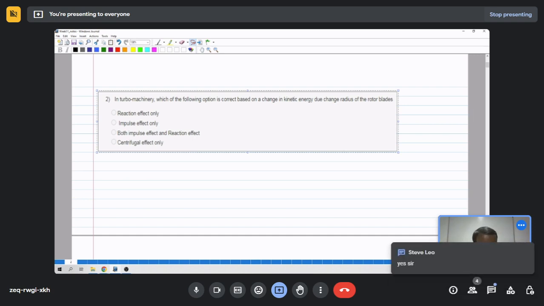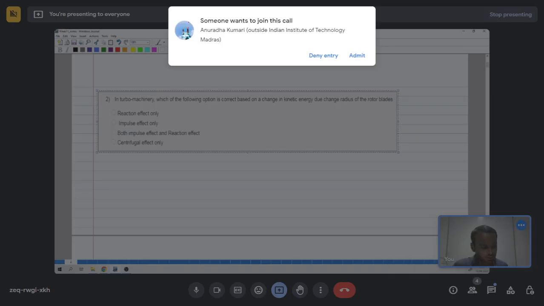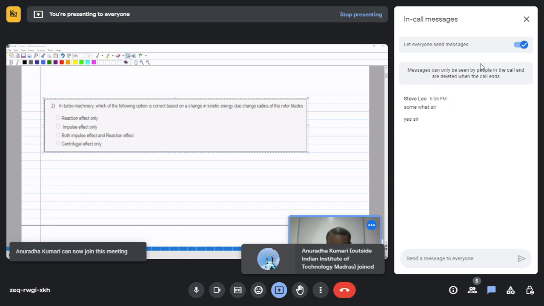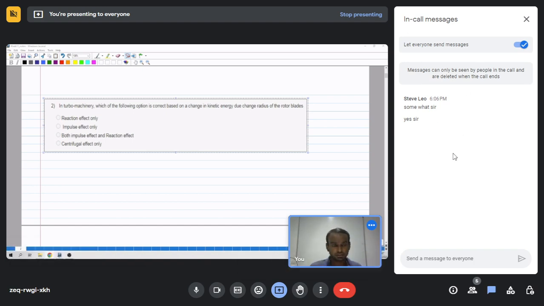Okay. So in turbomachinery, which of the following options is correct based on change in kinetic energy due to change in radius of the rotor blades? Can someone answer this? Yes, option D is right.